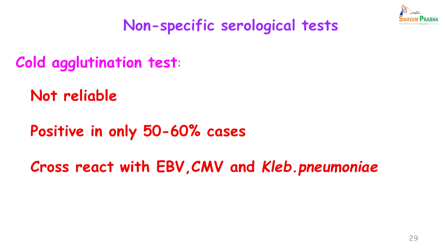The problem with this test is that it is not reliable, positive in only about 50 to 60% of the cases, and cross reacts with Epstein-Barr virus, cytomegalovirus and Klebsiella pneumoniae infections. So, what it means is that antibodies against these organisms may also give a false positive cold agglutination test.